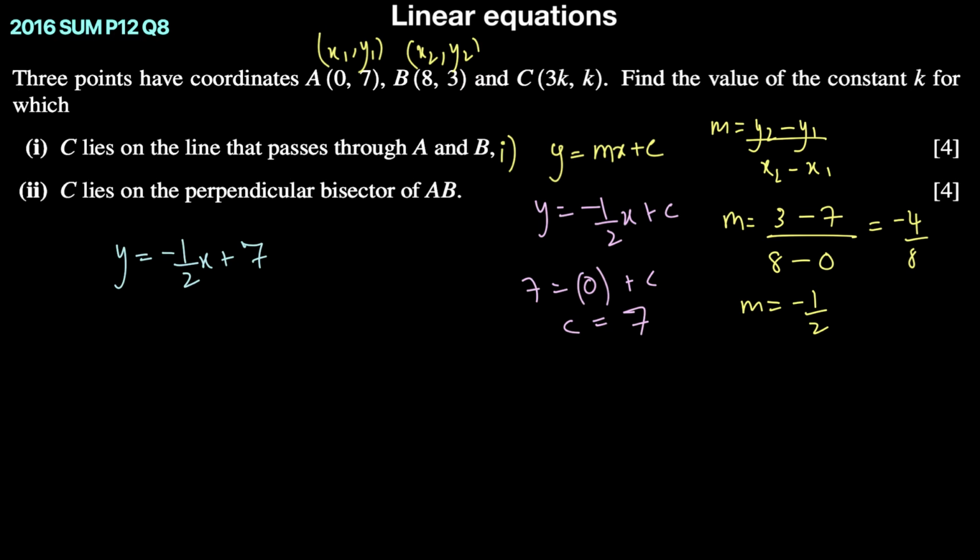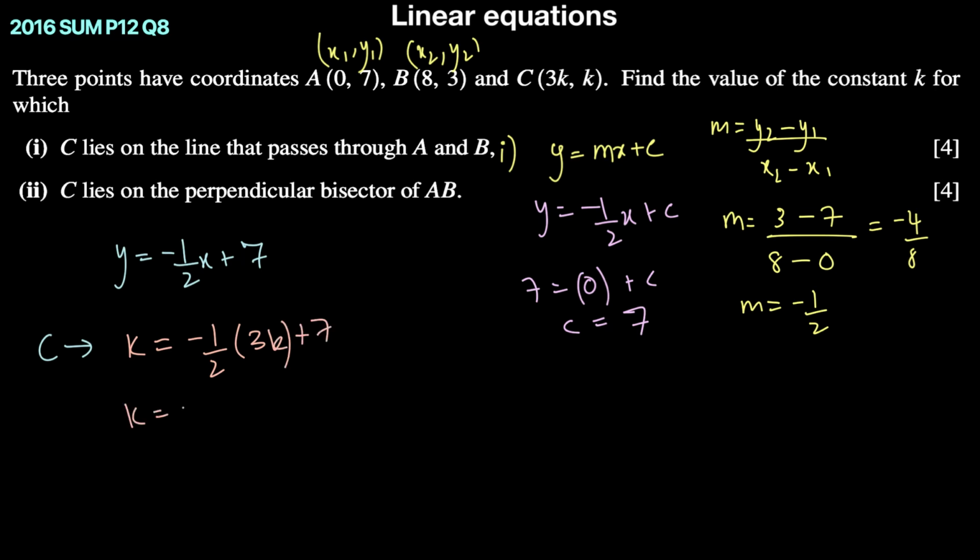Now if the point C lies on this line, that means that when x is equal to 3k, y must be equal to k. So the point C should satisfy this linear equation. So when y is equal to k, x is equal to 3k. So k is equal to minus 1/2 times 3k plus 7.